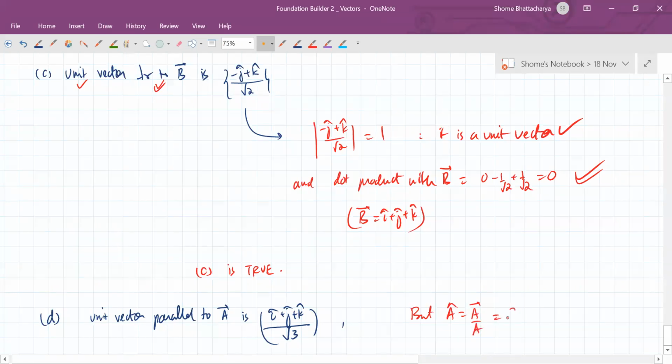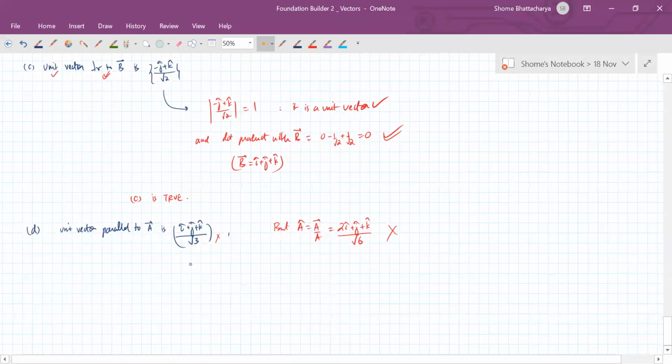It was, so therefore this is not this. Okay, this is not the case. So statement D is not true. This was true. So that is question number 2. Now let's move on to question number 7 after this.